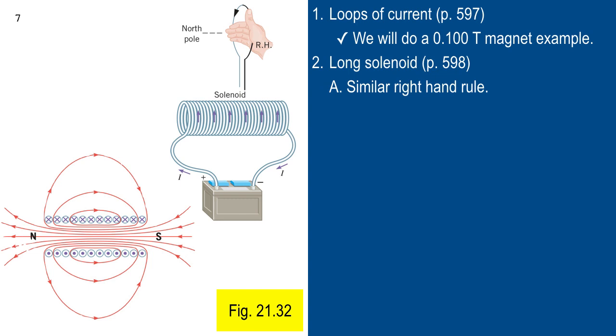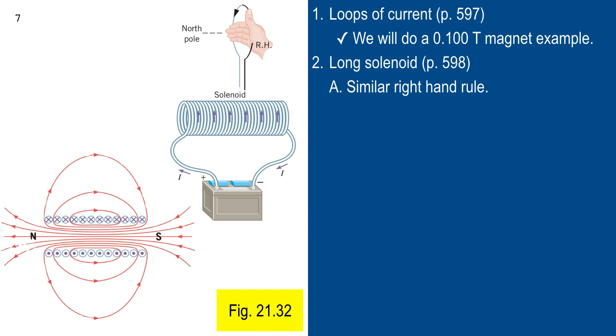You've got a loop up on the top there, and so there's your right-hand rule for a loop. It's basically the same thing for a solenoid. So the magnetic field lines are going right through the middle.